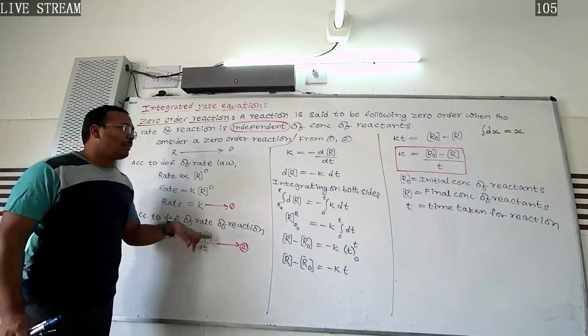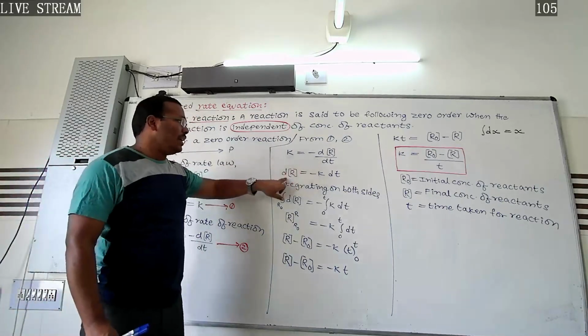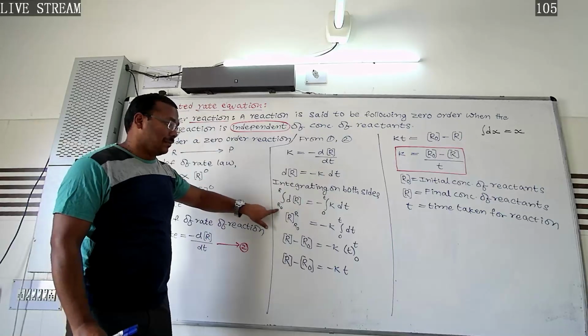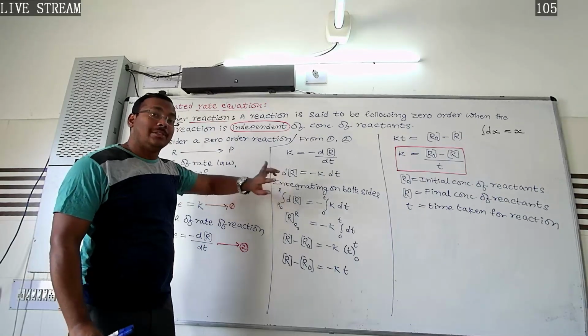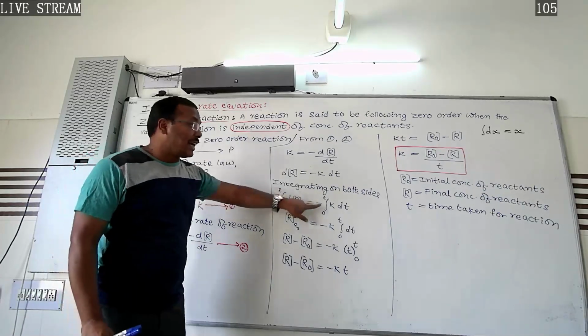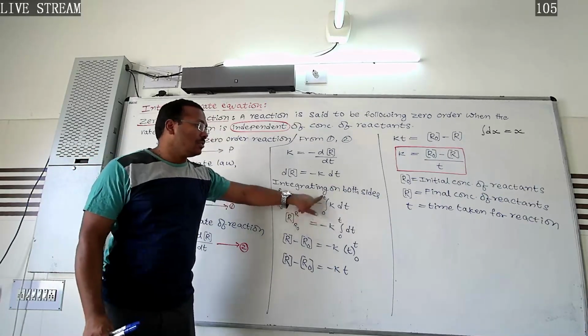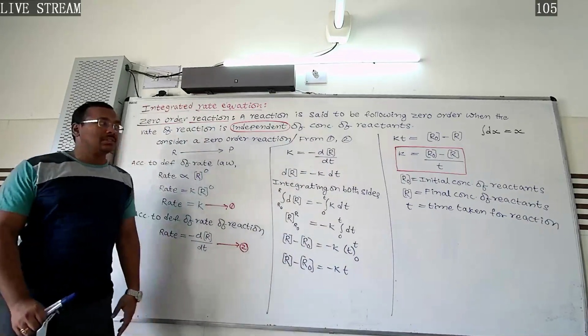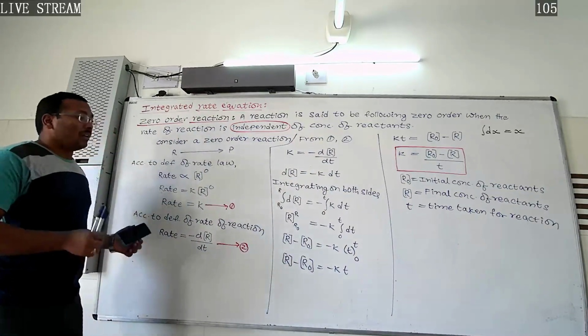So K is equal to minus dr by dt. Now dr is equal to minus K into dt. Integrating both sides, the concentration limits are r naught to r and the time limits are 0 to t. We got the final result. Clear about this? So this is zero order reaction.